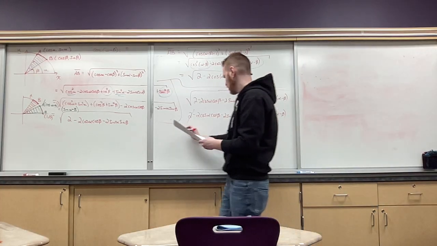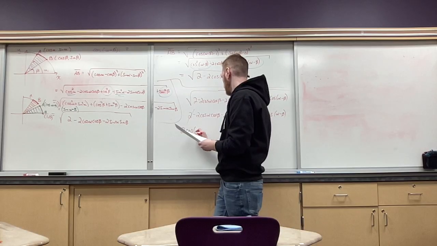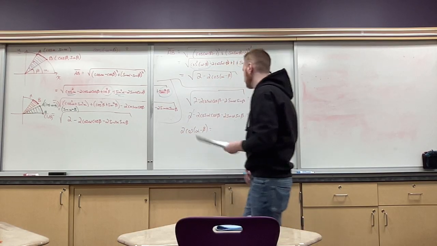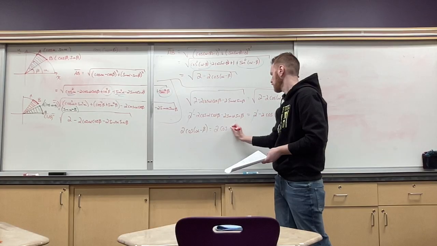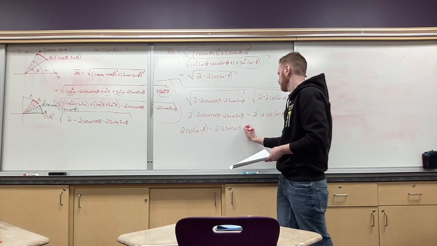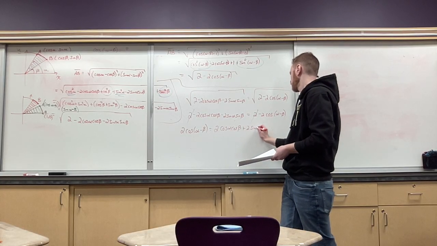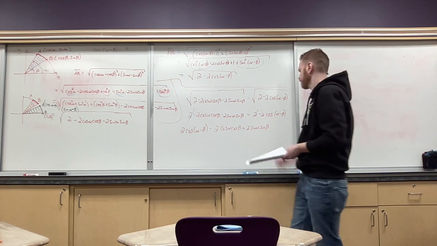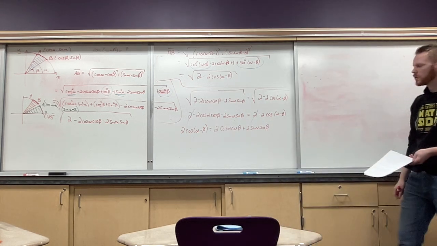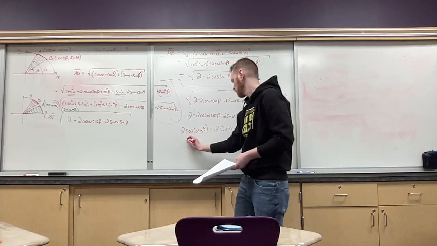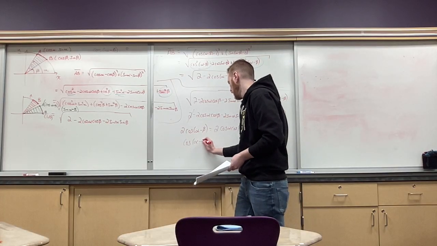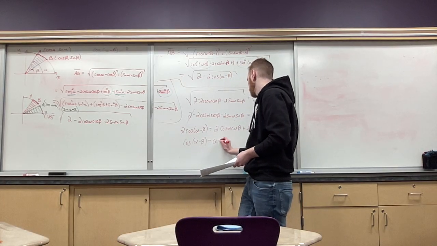So this will be 2 cosine of alpha minus beta. And then on the other side, positive. Okay. And then I notice that everything has a 2. So we can divide everything by 2. And voila, we got our formula.